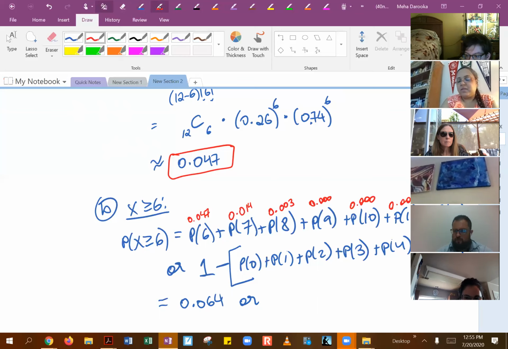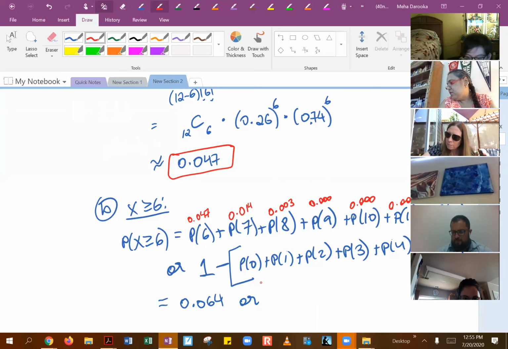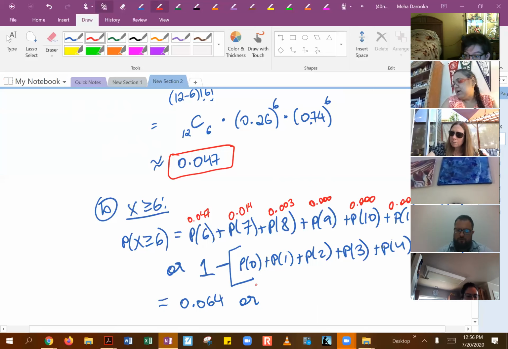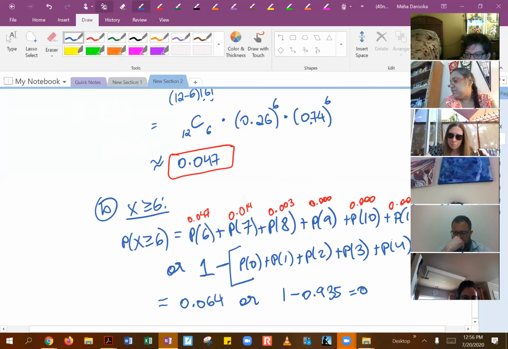But if you do it the other way, which is your P of 0, 1, 2, 3, 4, that actually comes out to be 1 minus 0.935. So this actually comes out to be 0.065.